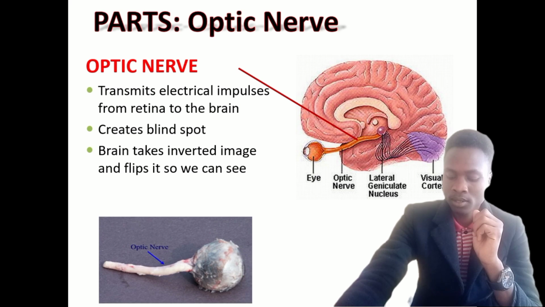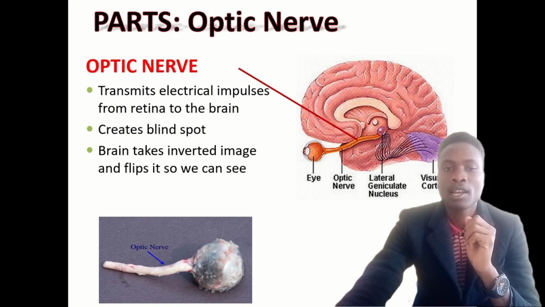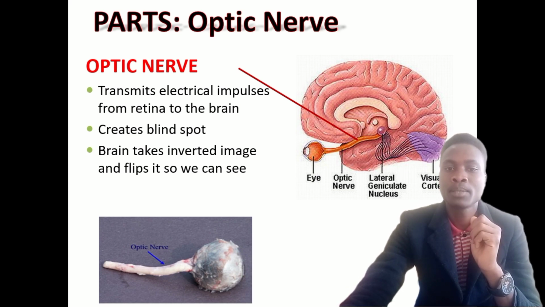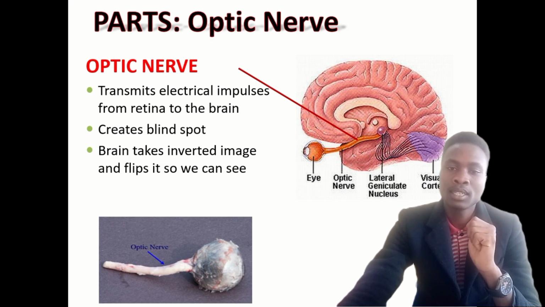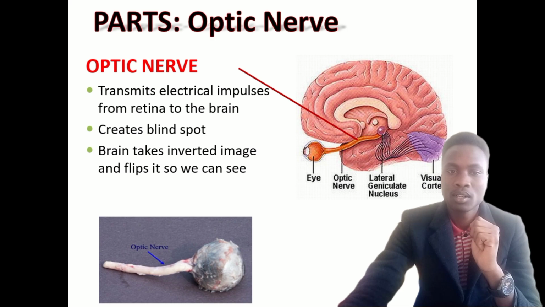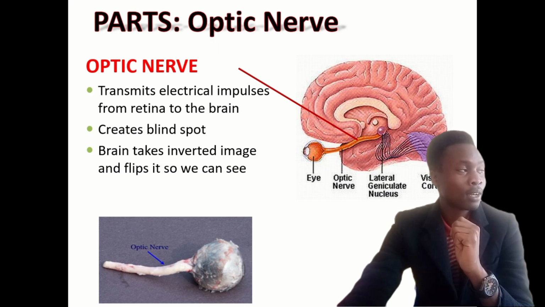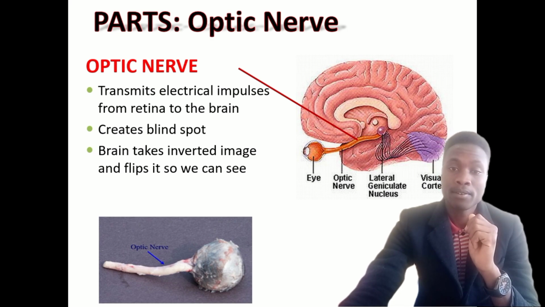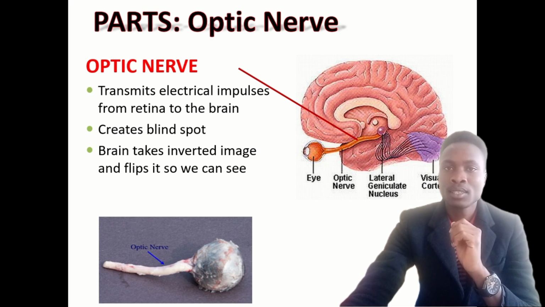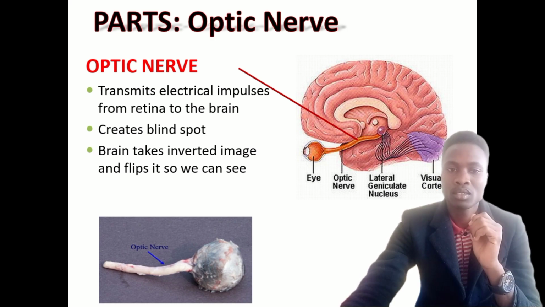Let's look at another part, that is optic nerve. Optic nerve transmits the electrical impulses from retina to the brain. It sends impulses to the brain for interpretation.